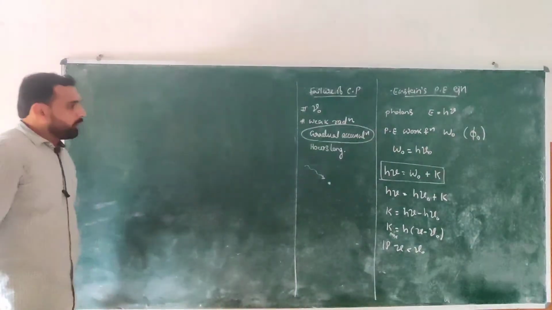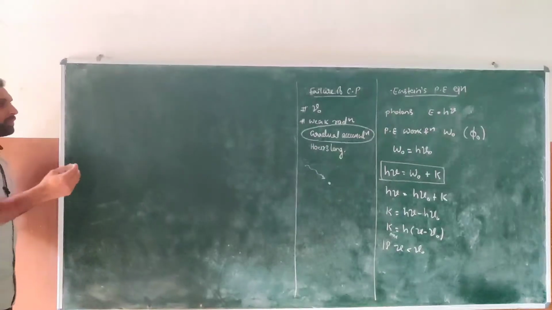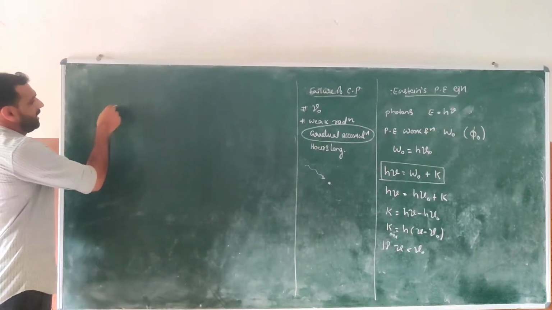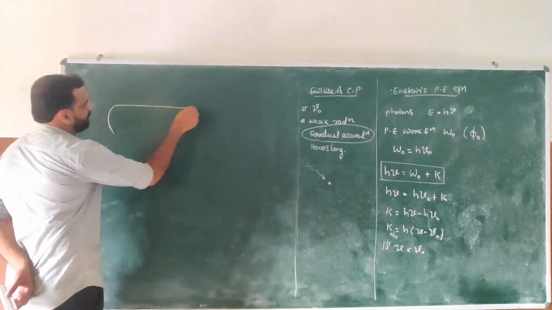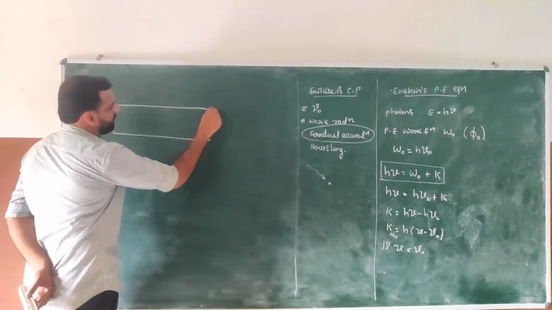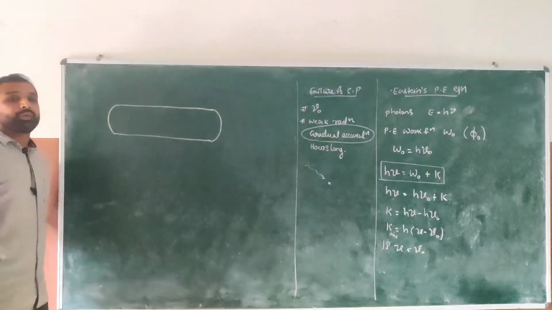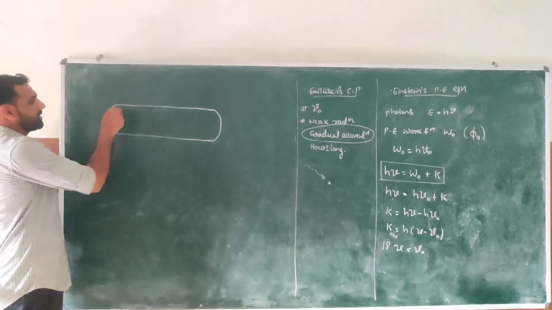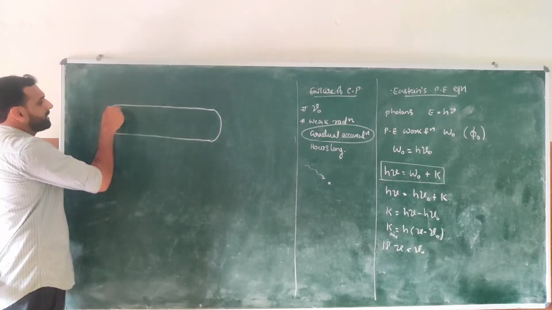Now there is one more thing: the experimental setup of the photoelectric effect. It is an evacuated glass tube, and there is a metal surface.